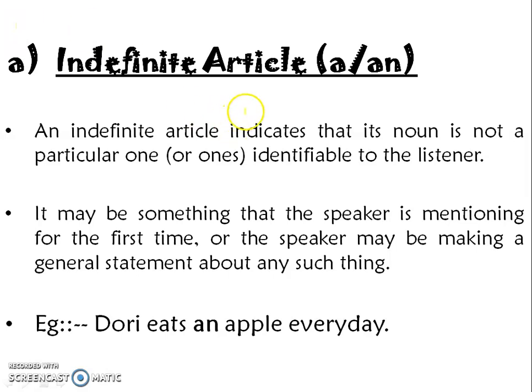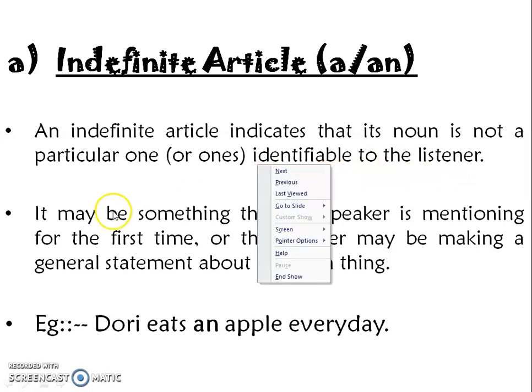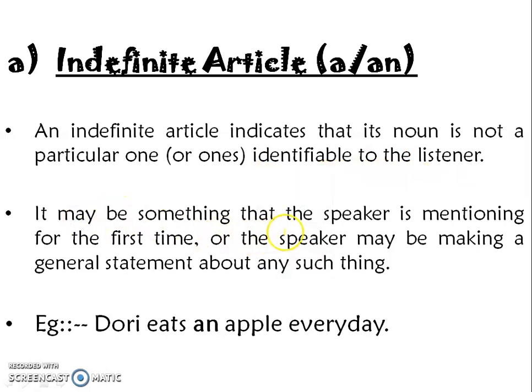The indefinite article indicates that its noun is not a particular one, not identifiable to the listener. It may be something that the speaker is mentioning for the first time, or the speaker may be making a general statement about any such things.